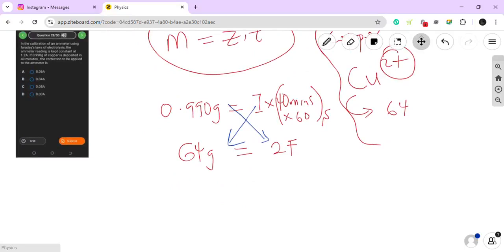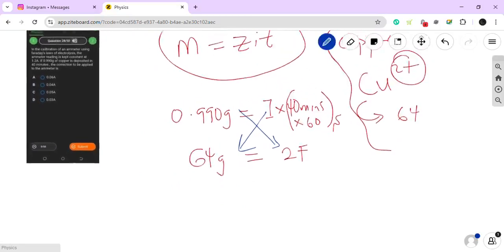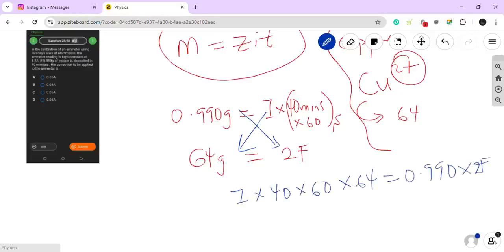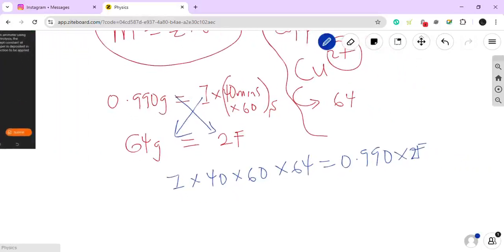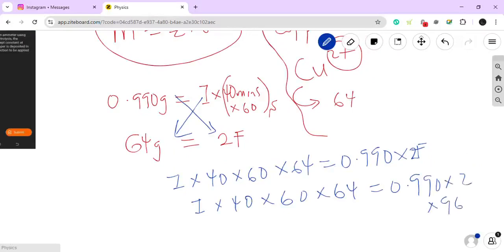So if you cross multiply, it means I times 40 times 60, then times 64 will be equal to 0.990 times 2F. You know what your F stands for? That's 1 Faraday, and 1 Faraday is 96500 coulomb, right? So this is I times 40 times 60 times 64 equals 0.990 times 2 times 96500.